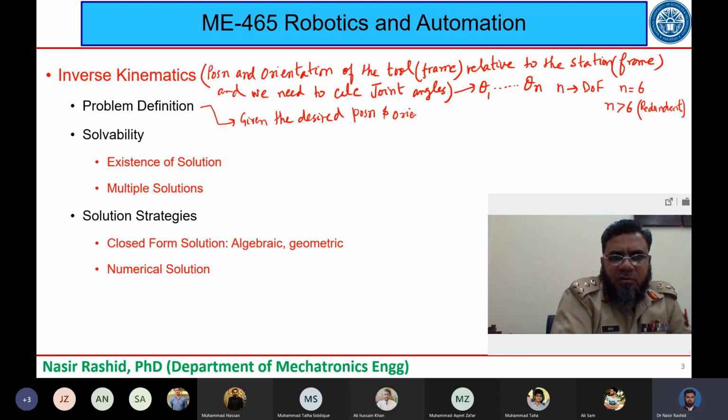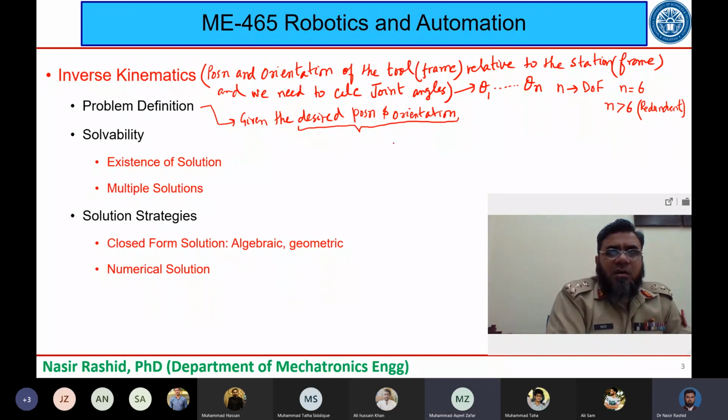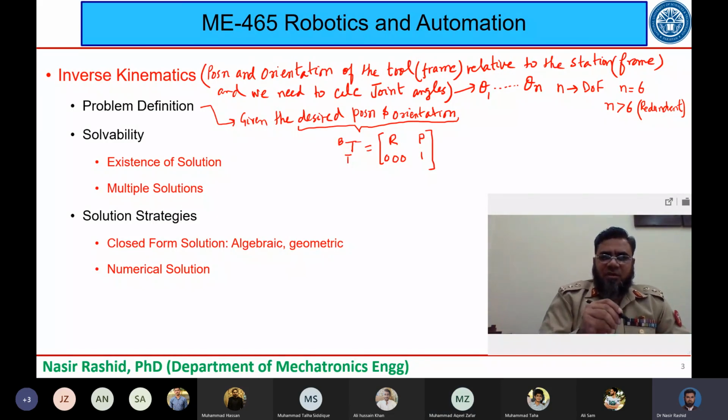Here the tool frame, with respect to the base frame, will be given to us as a rotation, then position, and 0 0 0 and 1. So we would be given this desired position and orientation in terms of certain numerical values, and we would be required to find out the joint angles.